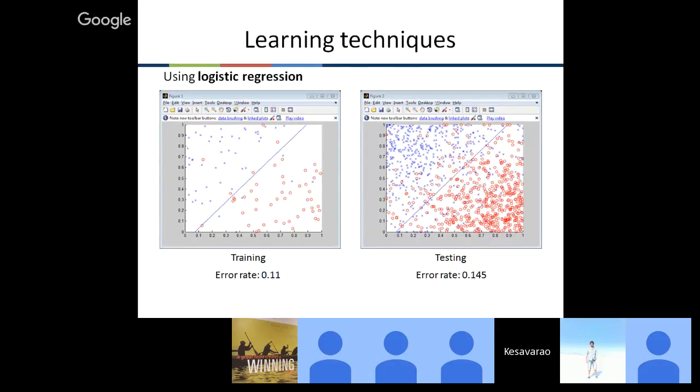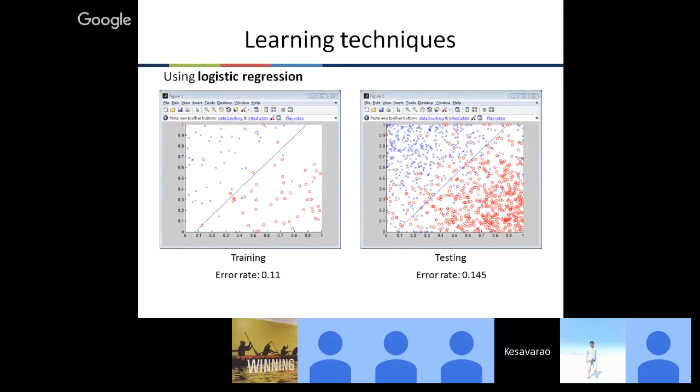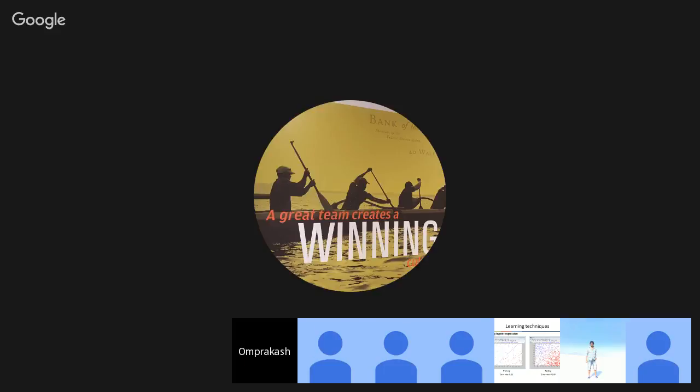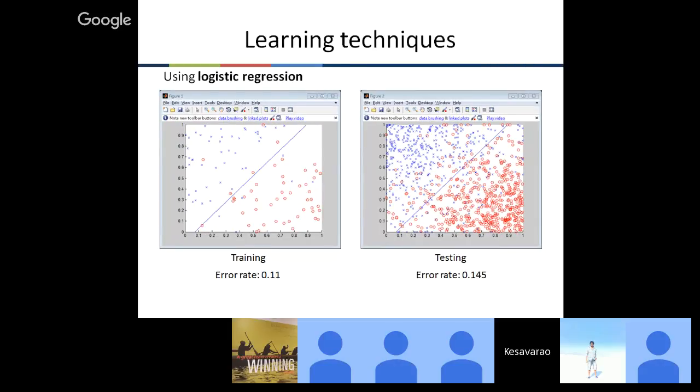Not only that, there is one more input here. In this case, your training error rate is 0.11. If you see only the training data, which error rate is higher, the first one or the second one? The second one is higher. In the testing data set, if you see the error rate, the first one is higher, the second one is lower.